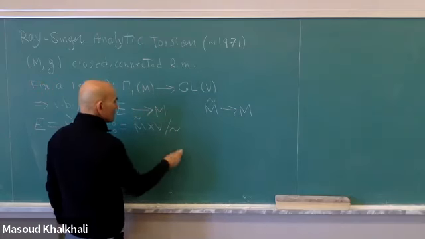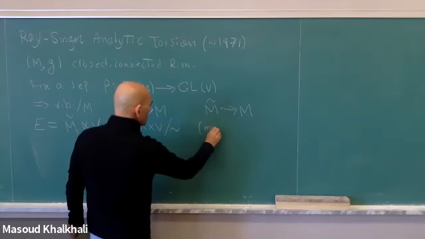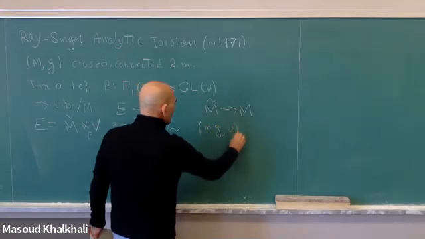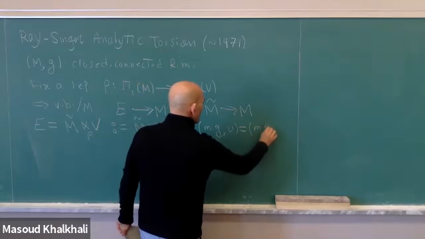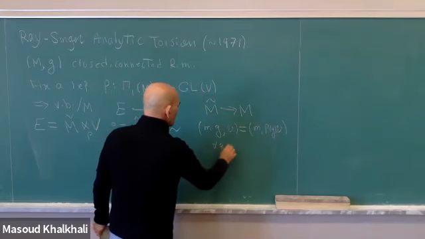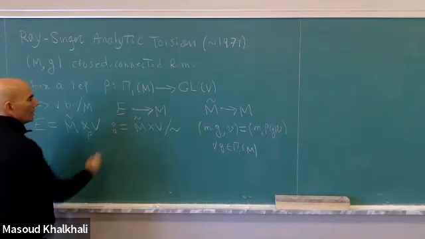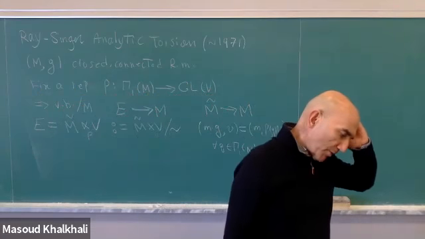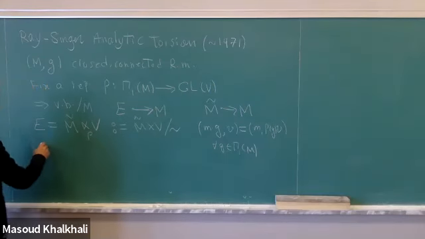The equivalence relation is that we declare (m g, v) equal to (m, rho(g) v) for all g belonging to pi1 of M. So you do get a vector bundle like that. Because it's coming from a representation, this bundle is a flat bundle.